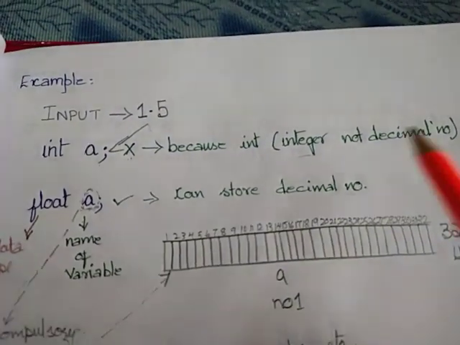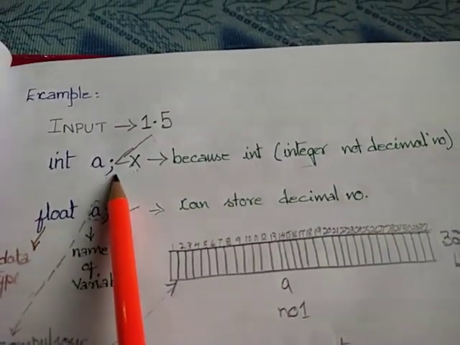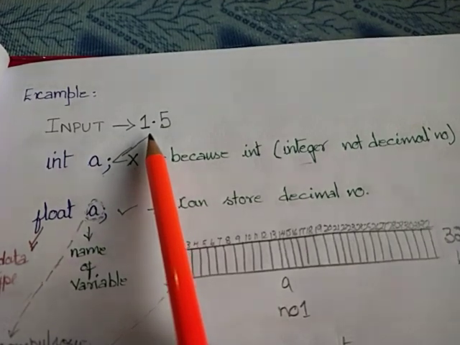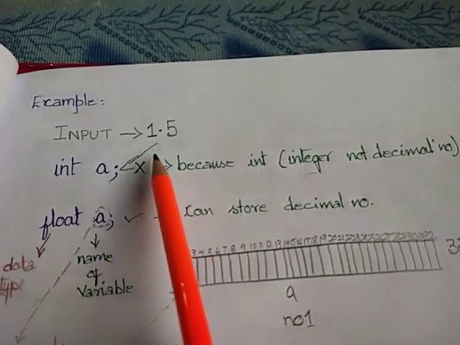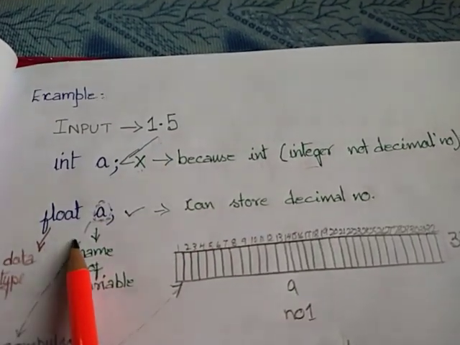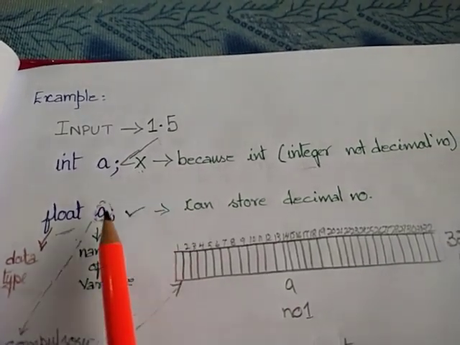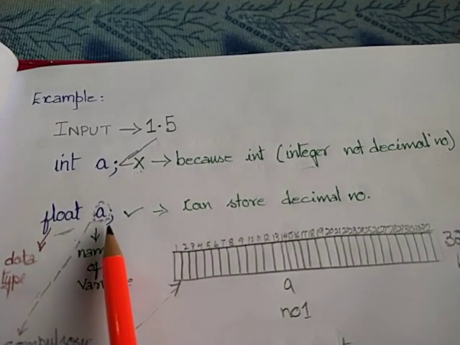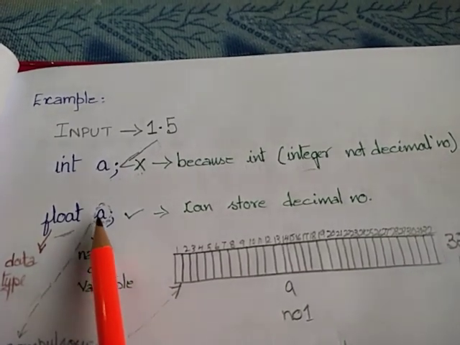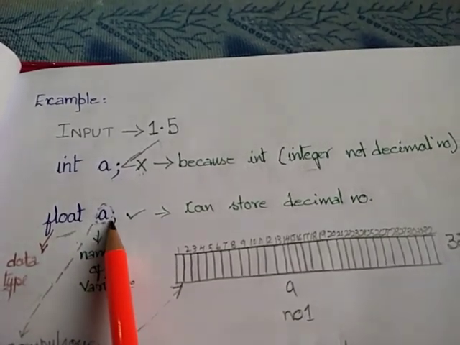Therefore, instead of declaring int a to take the input value 1.5, we have to declare how? Float, because the float data type accepts decimal numbers, followed by the name of the variable, and the name of the variable is a.